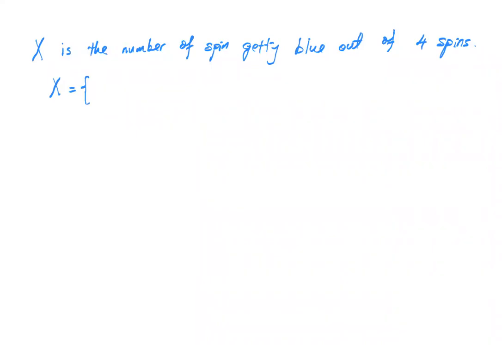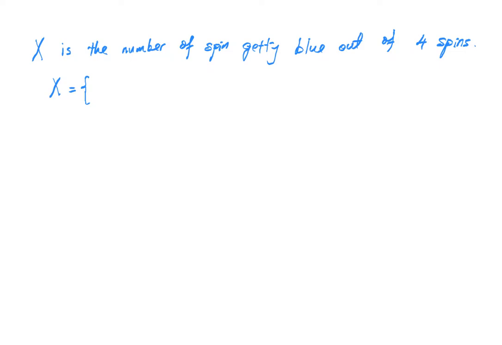What are the possible values for x? Okay, if I say number of spins getting blue out of 4 spins, that means I will spin the spinner 4 times. How many times can I get blue?